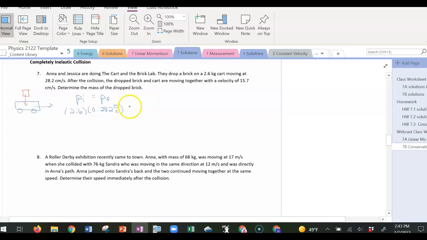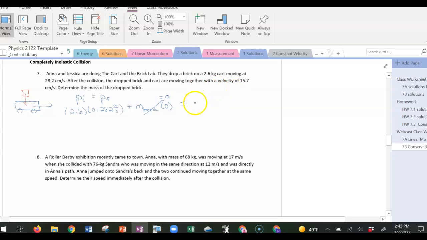Okay, the brick has no horizontal velocity, so the brick is not moving horizontally at the beginning, so it doesn't have any momentum at the beginning.